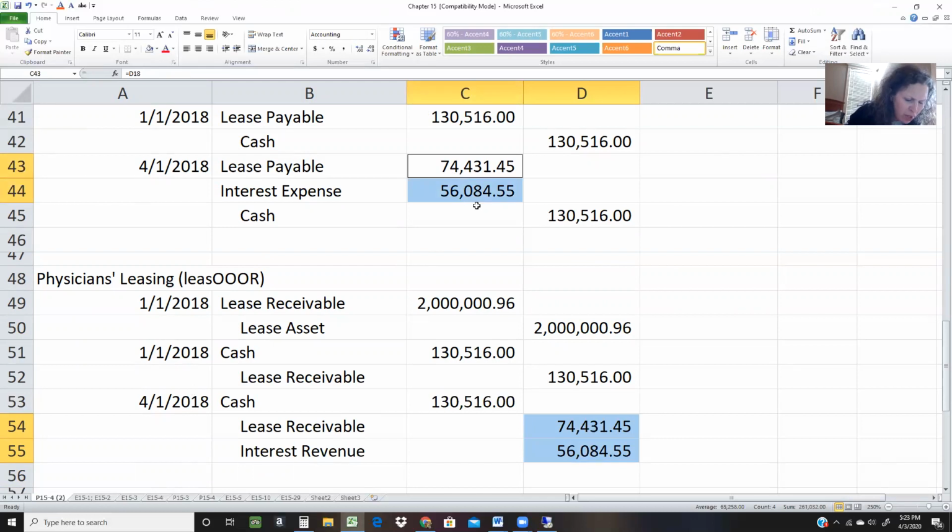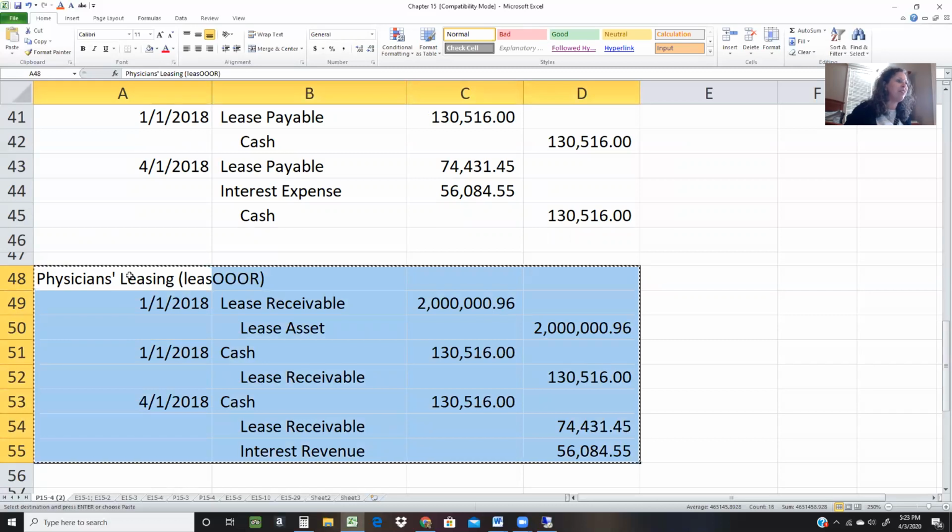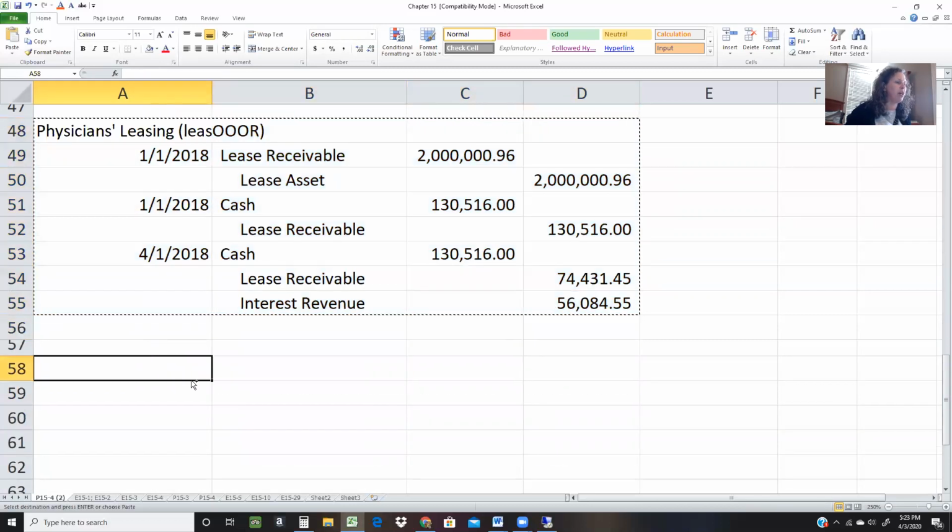Part 3 says, assume Mid-South Urologists leased the lithotripper directly from the manufacturer, Rand Medical, which produced the machine at a cost of 1.7. Now do the journal entries. Okay, so the journal entries are going to be exactly the same as these, except we're going to have one bonus one.